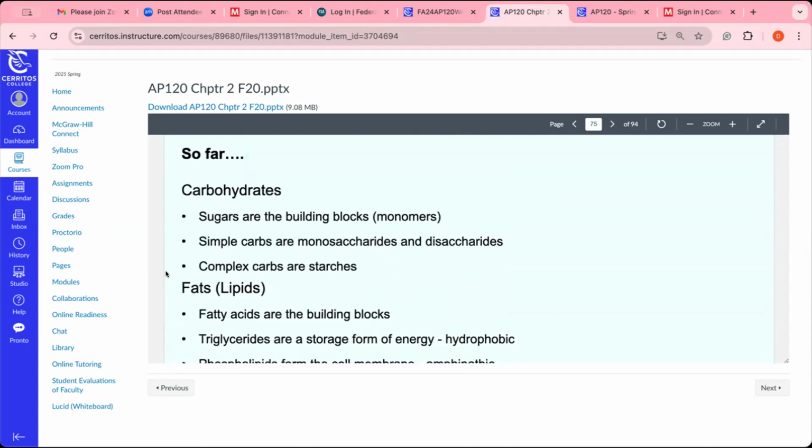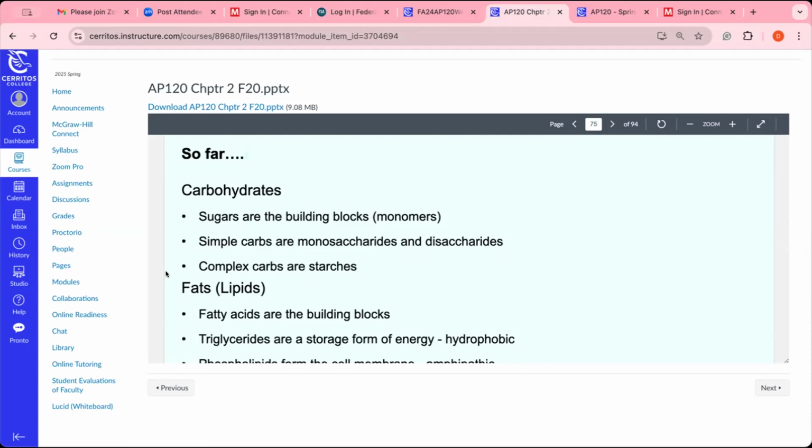Carbohydrates are sugars that are made up of sugars, the building blocks, the monomers. Simple carbs are monosaccharides and disaccharides. Complex carbs are starches. Then you have fats, which are lipids. Fatty acids are the building blocks. Triglycerides are a storage form of energy.